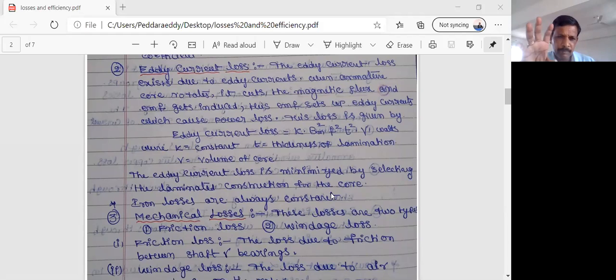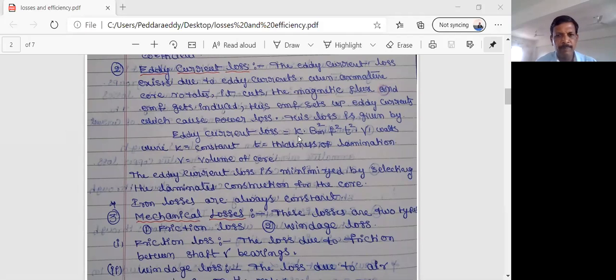Whatever the iron core, a laminated structure is always preferred. Why? Because losses should be as minimum as possible. When we maintain losses as minimum as possible, we get high efficiency.